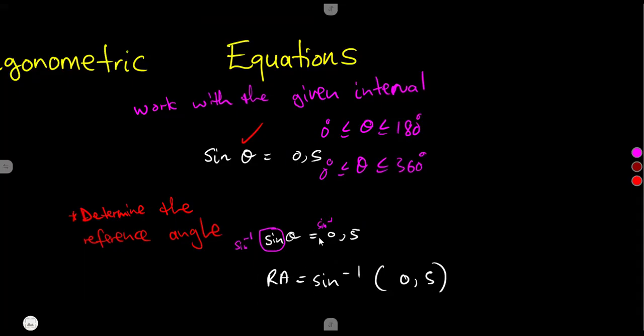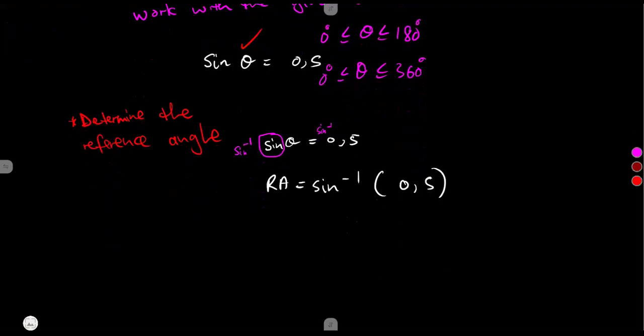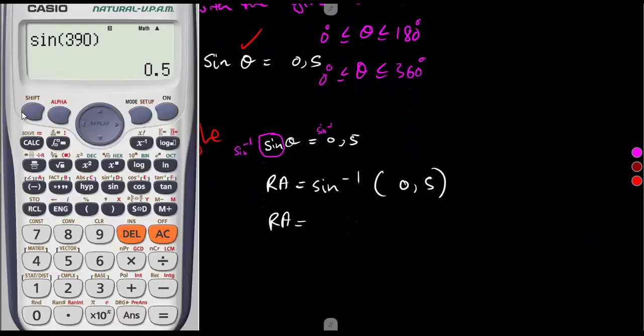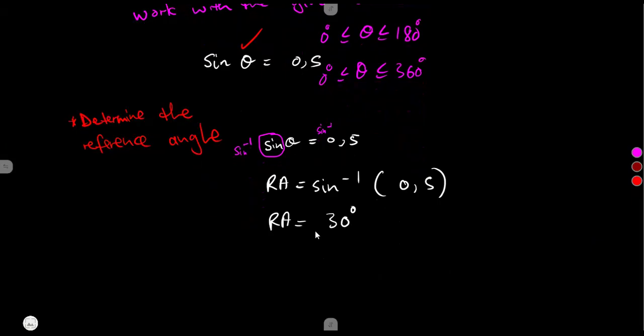If there was a negative, you ignore that, because the negative is going to be determined by the quadrants. So that's our reference angle, which is an acute angle that you're going to get there. This is what we have: arc sine, which is shift sine, sine to the power of -1 of 0.5. This is going to give us 30 degrees.